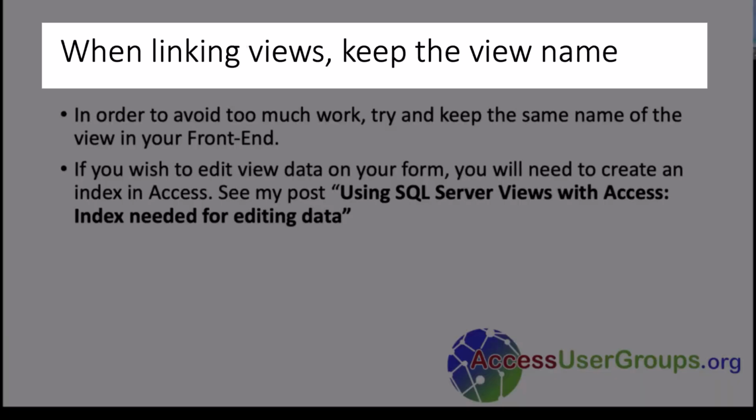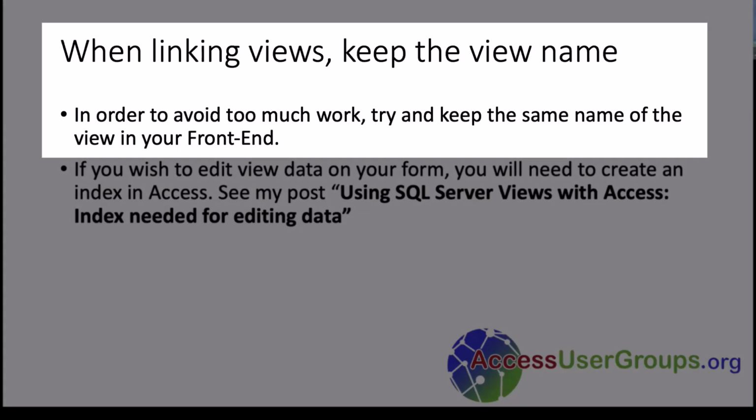When linking views, you want to keep the view name. Well, think about this, because when we upgrade a regular MDB file or ACCDB file to a SQL Server backend, right? That's the other way around. Instead of converting ADP to ACCDB, we're taking the ACCDB file and splitting it into front end and back end, and then putting the back end on a SQL Server.